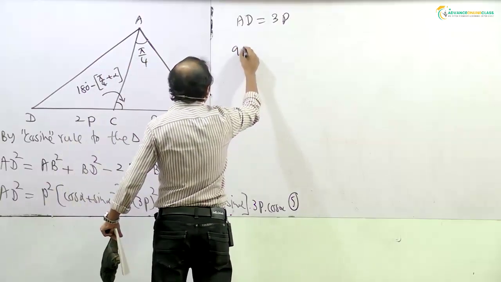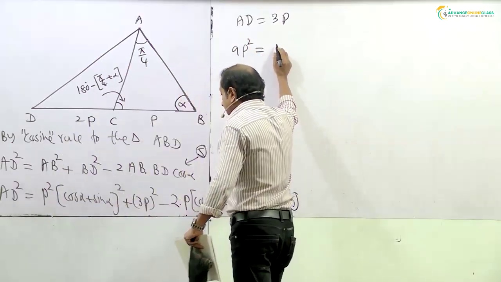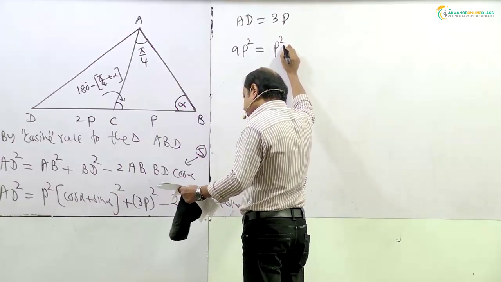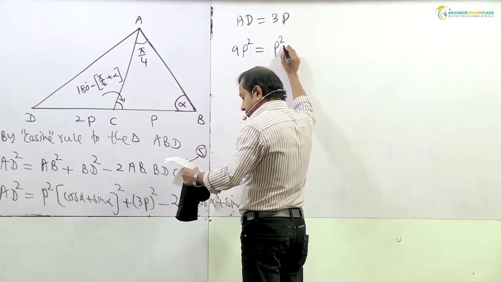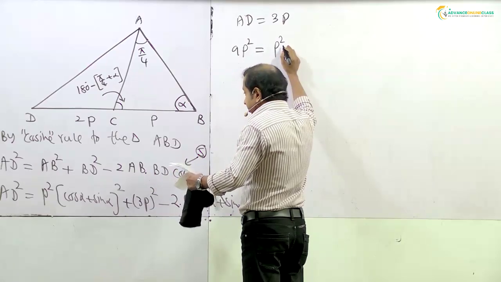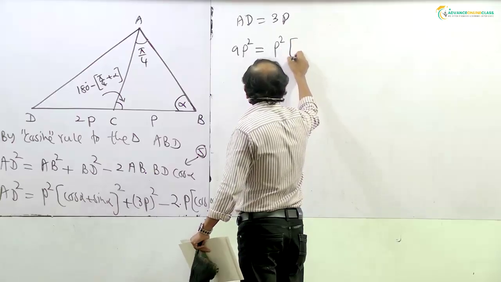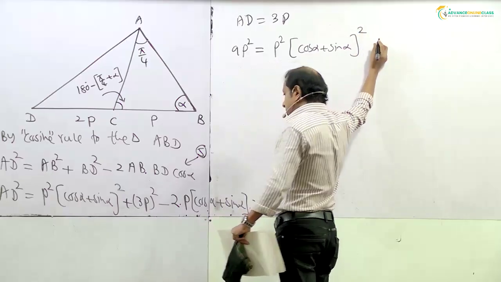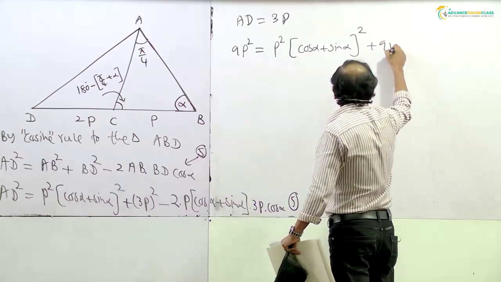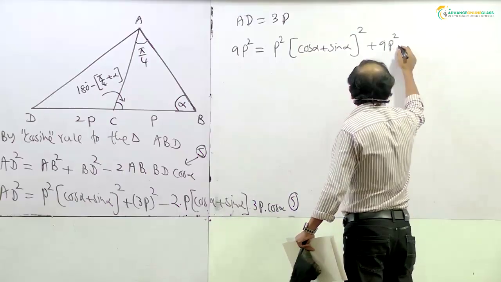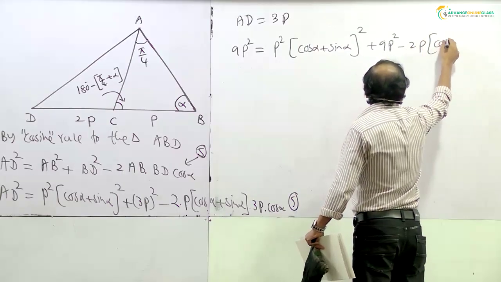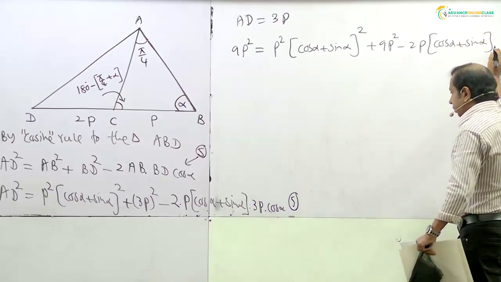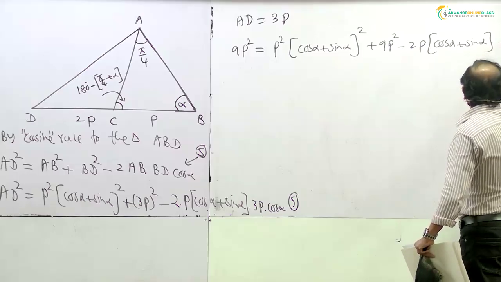Then 9P squared comes in. P squared, cos alpha plus sin alpha perfect squared. 3P squared is 9P squared, minus 2P, cos alpha plus sin alpha, 3P cos alpha. No?